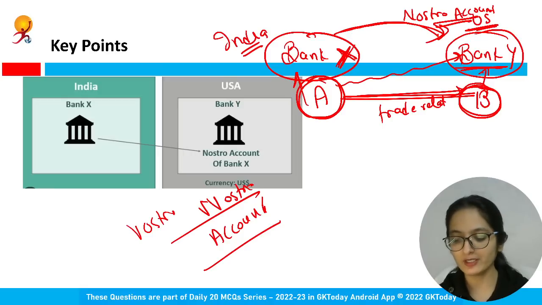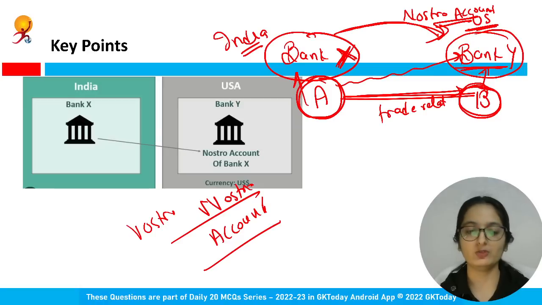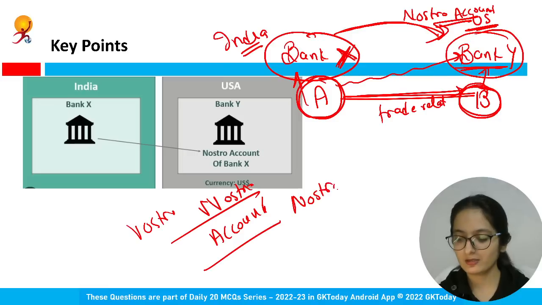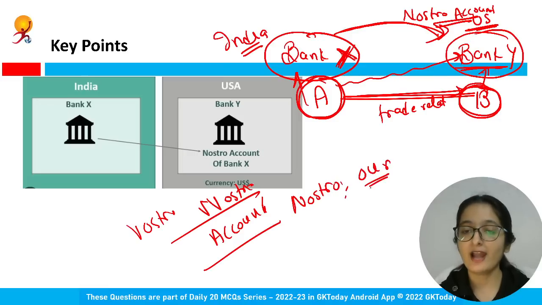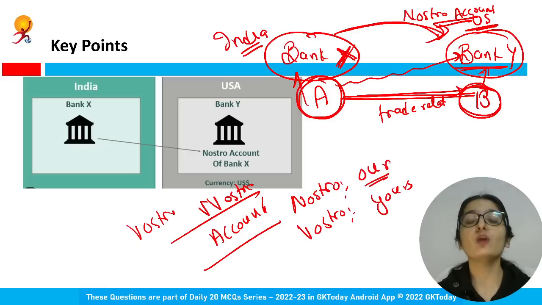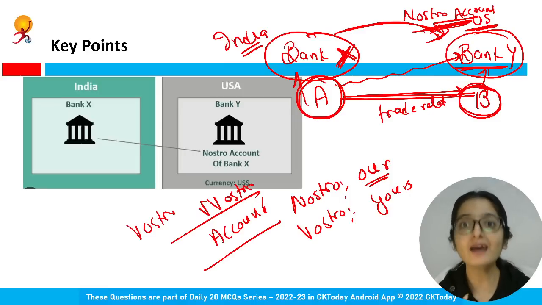Now you have to understand only two things with respect to this. I am taking 2 to 3 minutes extra because it is very important. See, nostro means our and vostro means yours. From the Indian perspective, I am saying nostro account because it is our account.